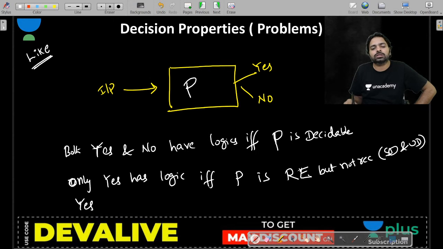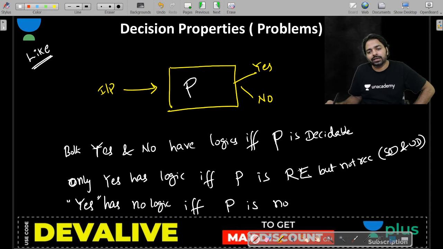Yes has no logic, be careful with that word, if and only if P is not RE. The problem is not RE.